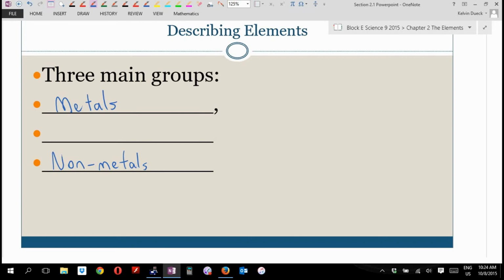And then in between, those kind of pinky ones, there are some that behave a little bit like metals and a little bit like non-metals. They have some properties of both, which is why I said leave a space, because they're in between. We call those the metalloids. That's our way of saying, well, they're sort of metal, sort of not.